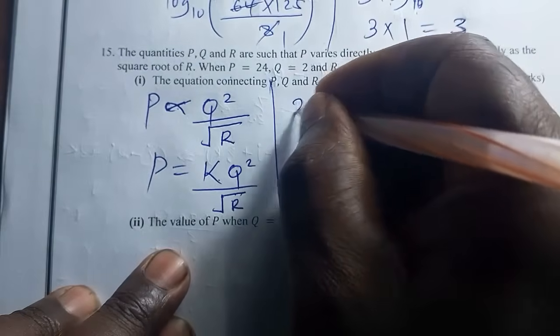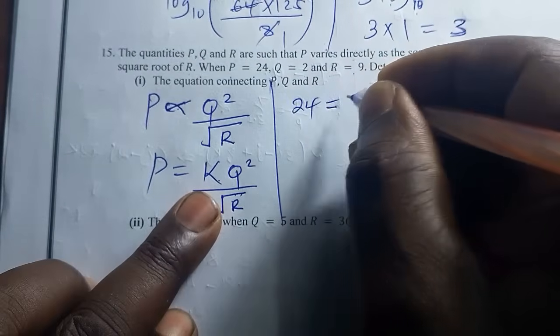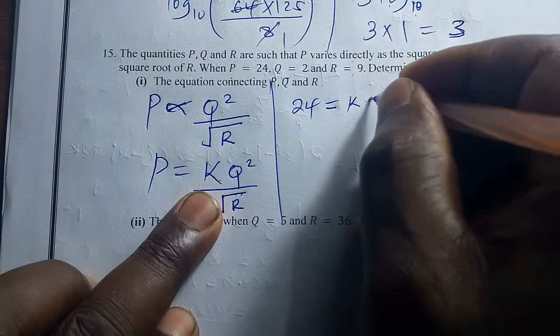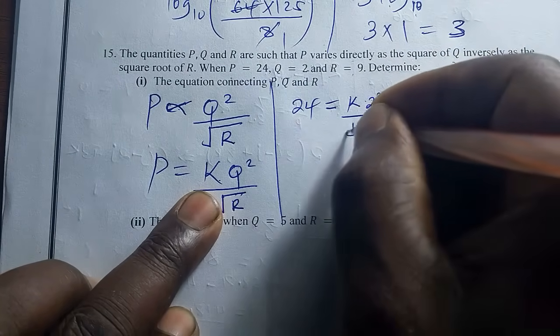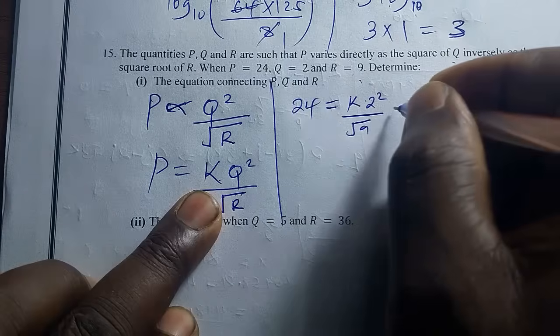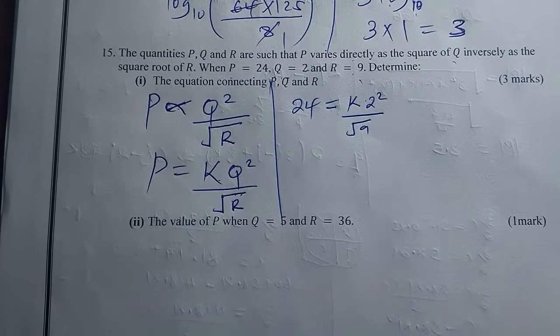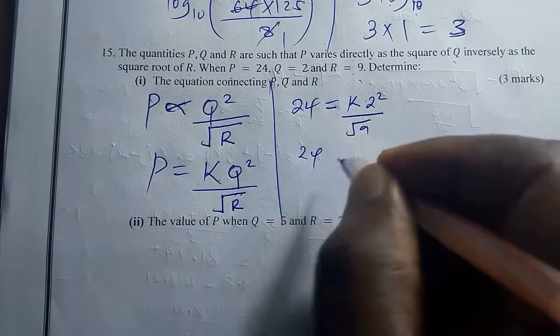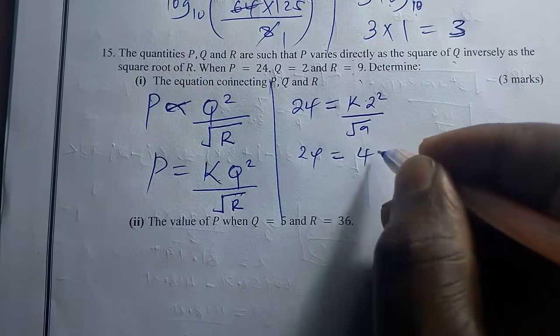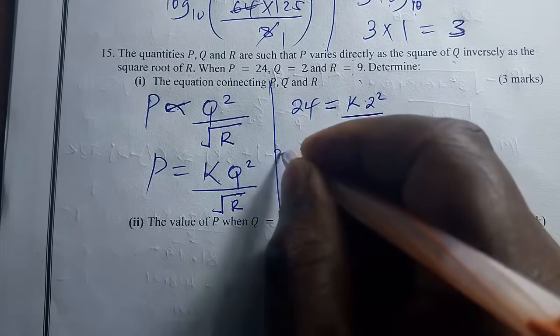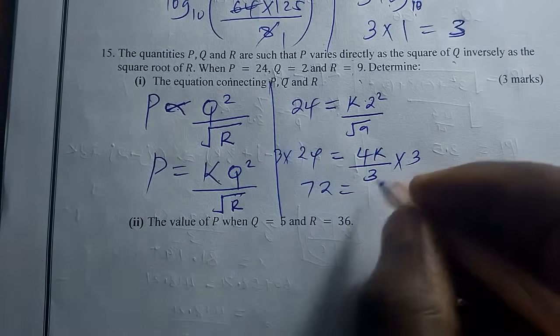24 is equal to K. Q is 2, that is 2 squared over the square root of 9. So 24 is equal to 4K over 3. Times 3 times 3, 72 is equal to 4K.